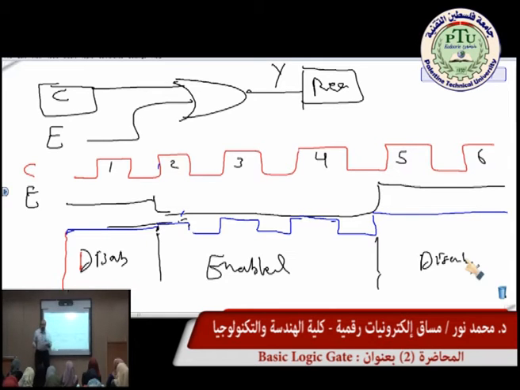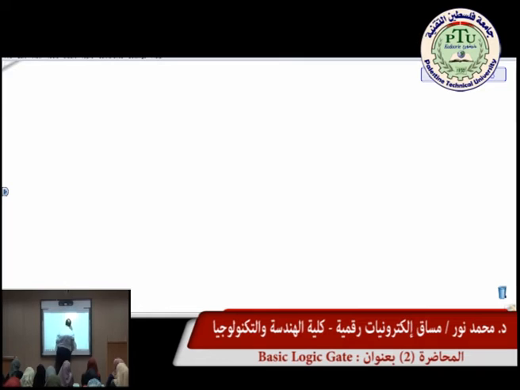Why do we use the inverter? So the inverter, how many terminals do we have for the inverter? One input, and we have output 1, right? So if this is an inverter... no, what is this? It's a buffer.